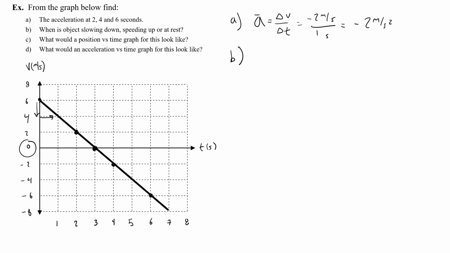It starts at +6 meters per second, and then goes from +6 to 4 to 0. So that means from 0 to 3 seconds, the object is slowing down, because it's going from +6 meters per second to 0. Okay, then it's at rest at 3 seconds, just for a moment.